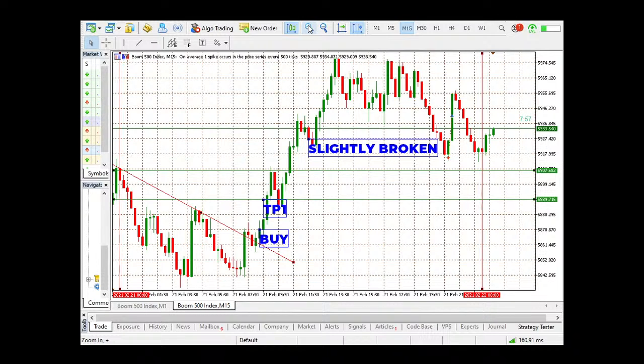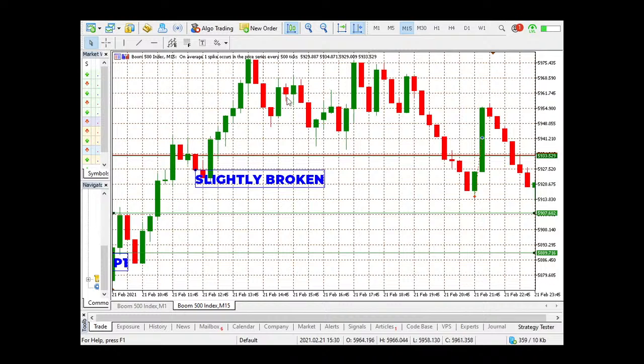So how do we know at this point that a trend is broken? We see it here. We see a movement here. We see the trend. Yes, so we see it broken here.